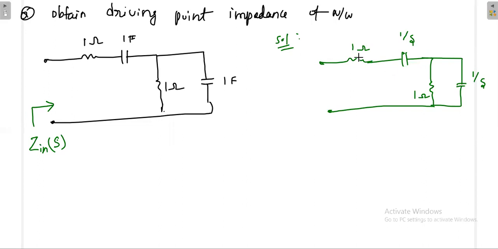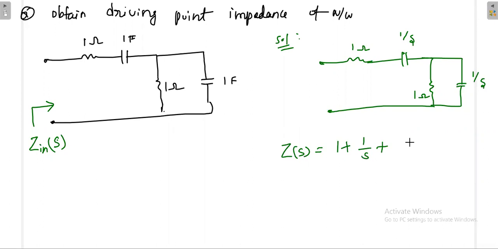Then first, what is Z of s? That is simply 1 plus 1 by s. Again this parallel combination is in series with this one, so again plus, then what is this parallel combination?